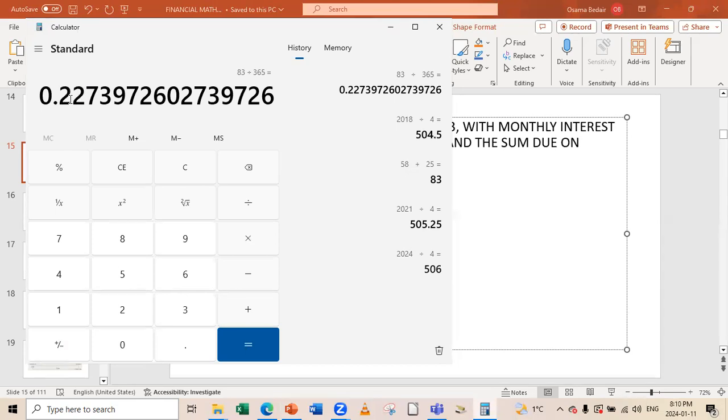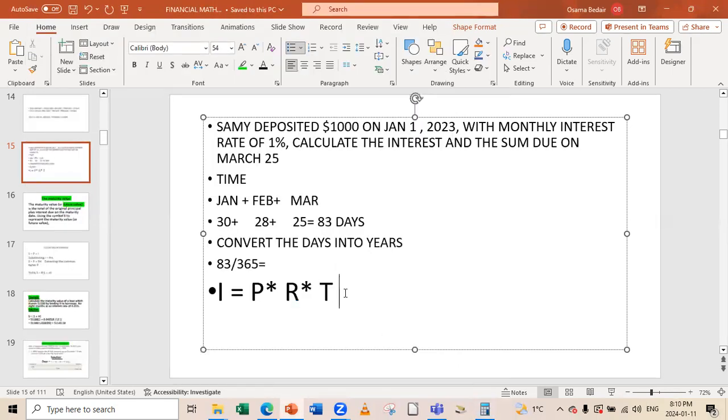I can take these numbers, or I can round it also, but I will take it like this, 0.227. Then Control and C, then here Control and V, 0.227 year. Okay. Then now I still have one more problem.